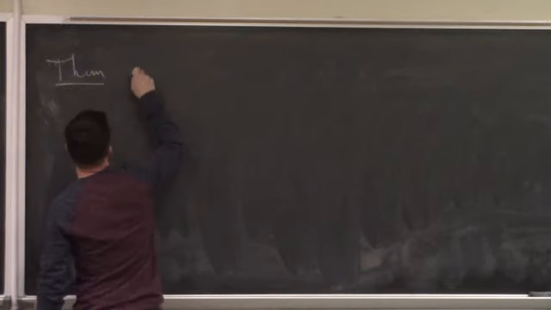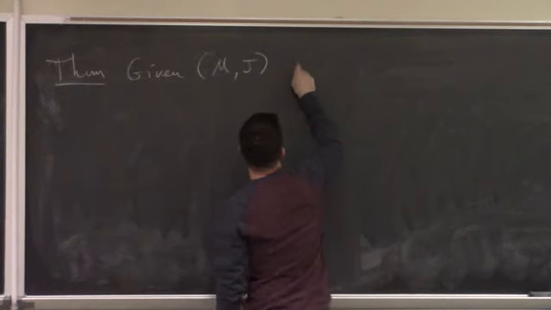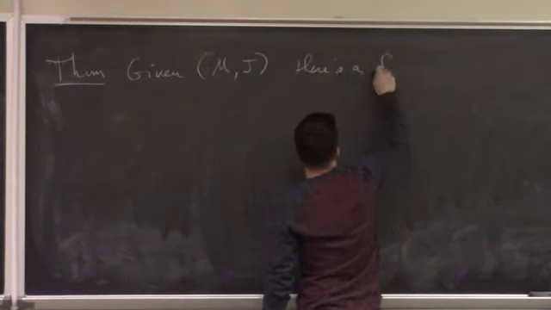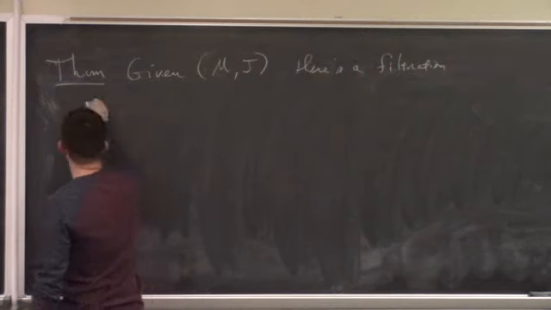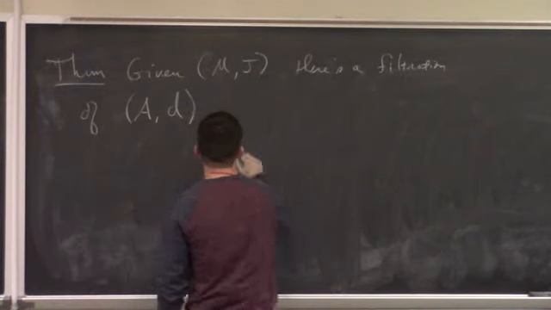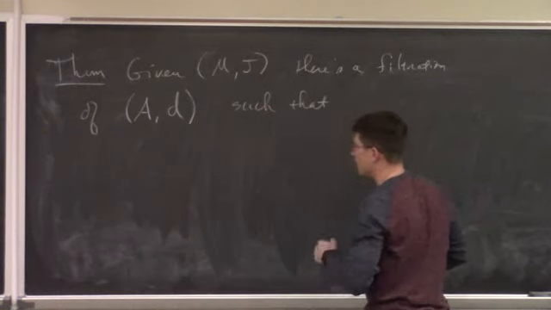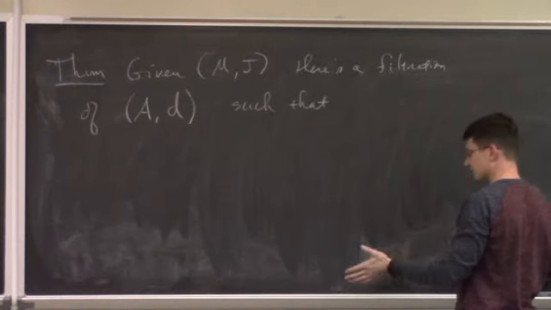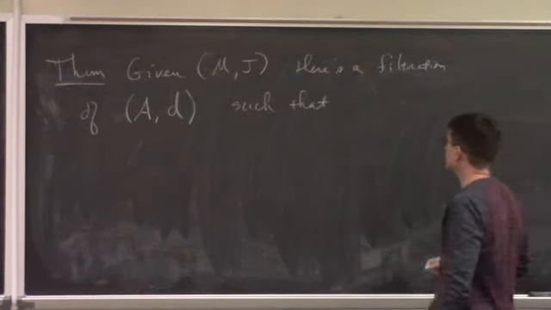So the theorem is, given any such M, J, there's a filtration of the differential graded algebra of forms such that, whenever you have a filtration compatible with the differential, there's an associated sequence of cohomology groups called a spectral sequence.